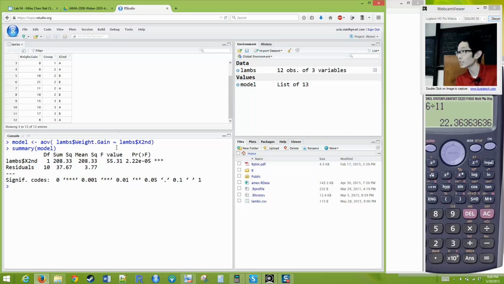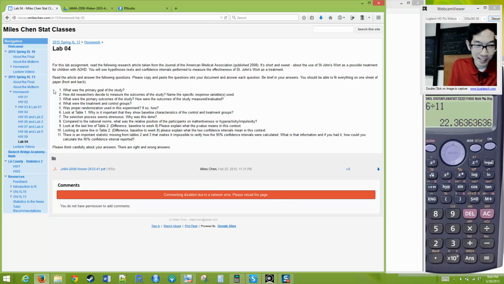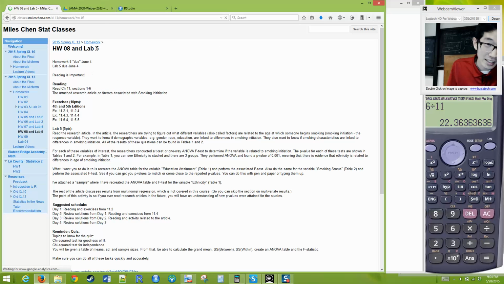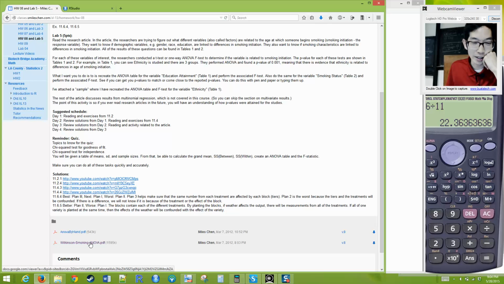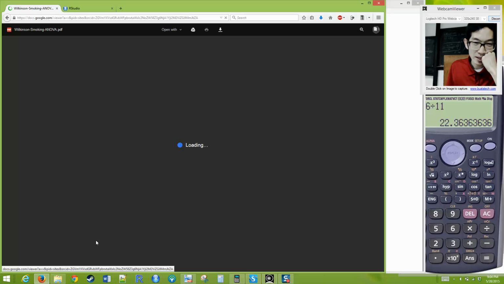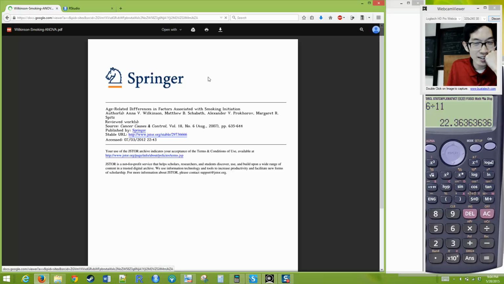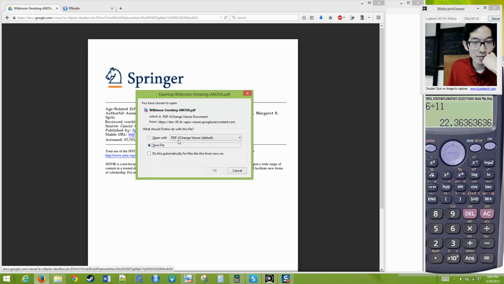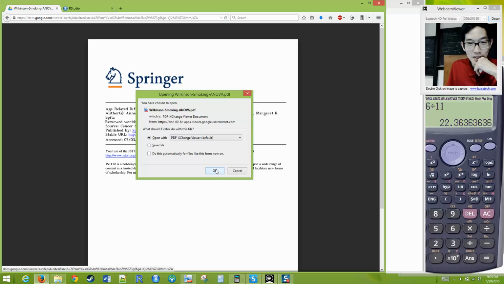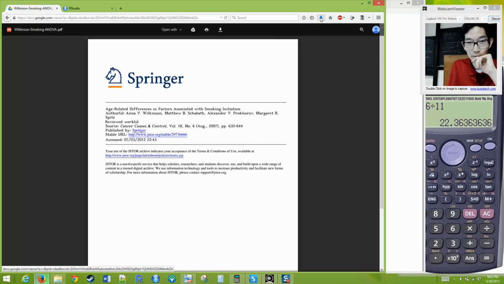Well, I did want to explain, and I hesitate giving you this lab here, which is another article to read through. I hesitate because it's not that fascinating of an article, but I'm struggling to find an article that uses simple one-way ANOVA. Almost all of the articles that use ANOVA use factorial ANOVA, which I will briefly go over.